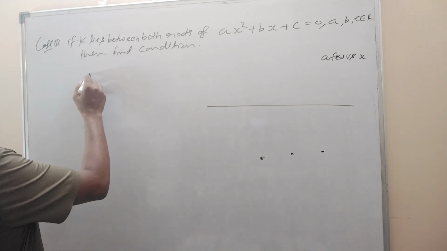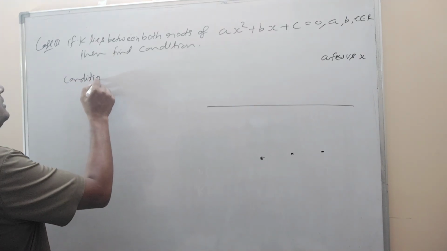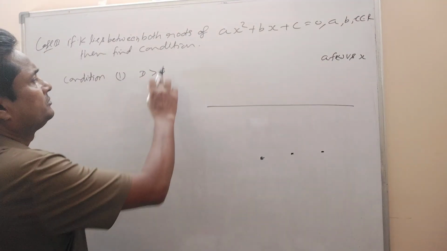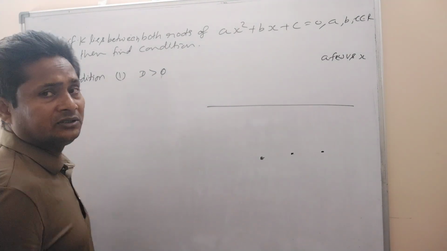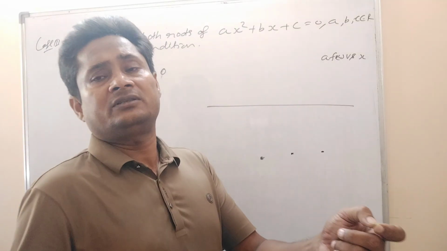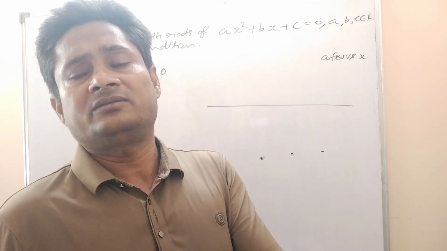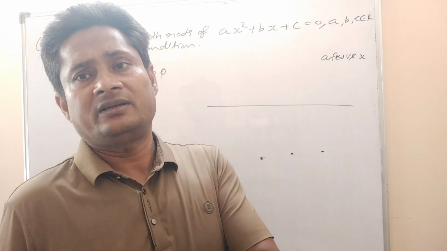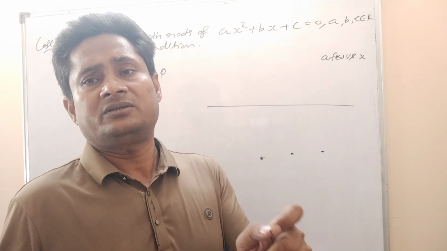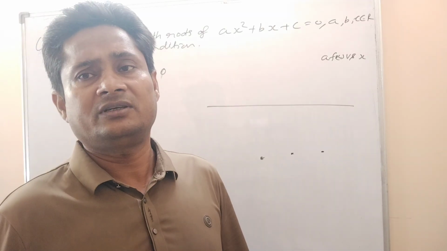So what will be the first condition? D must be greater than 0, because between two distinct numbers there is a number which can lie. If two numbers are not distinct, then a third number cannot lie between the two numbers.